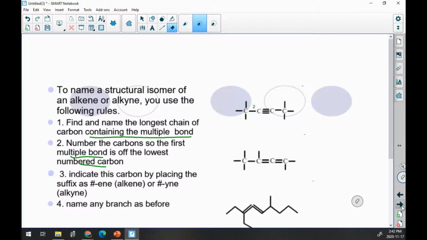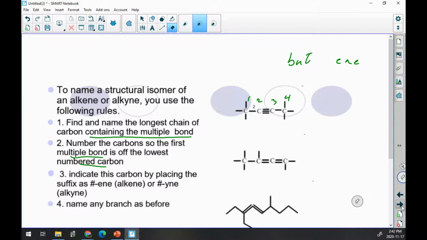So for this guy here, we have 4 carbons. This is going to be called butene. But there are 2 possible forms of butene. There's one I've got drawn there, and I've got one more.